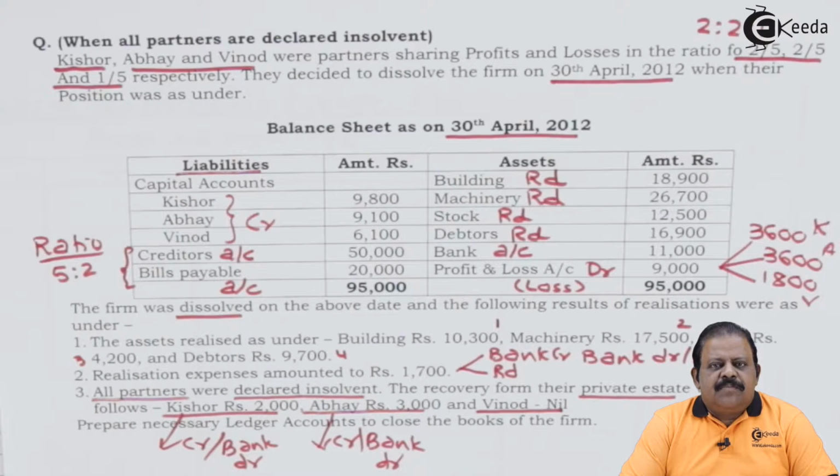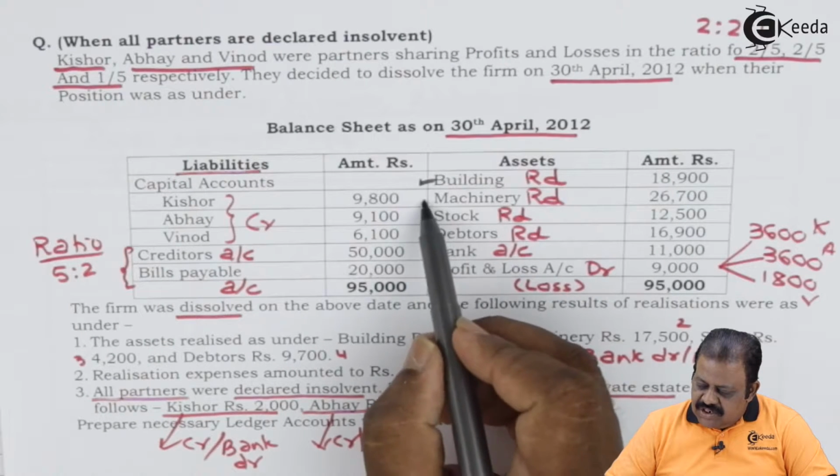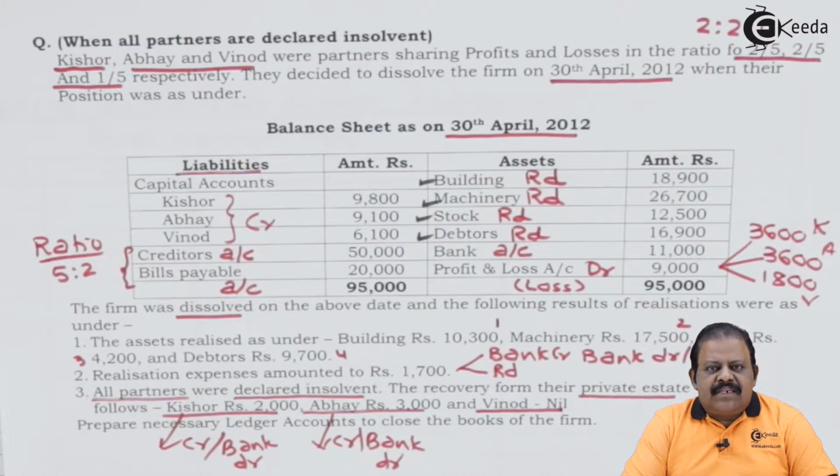First step is the transfer step. Here we are required to transfer all assets and liabilities to the realization account. When in a problem we have information that all partners have become insolvent, we should transfer only assets and not liabilities to the realization account. Let us start with the asset side. Building, machinery, stock, debtors, these four assets at book value will be transferred to the realization account.